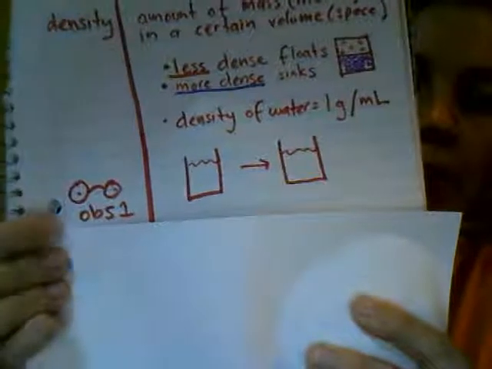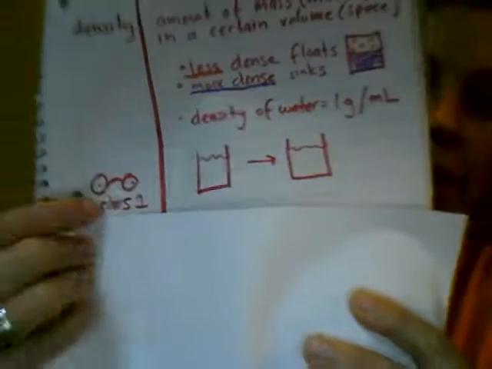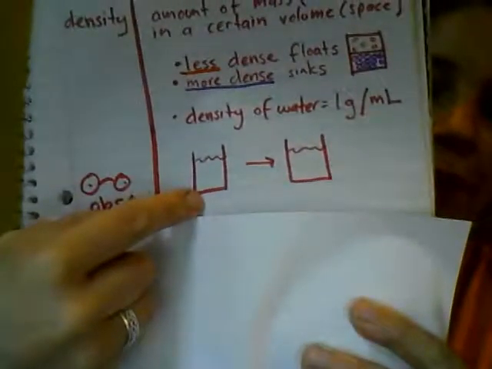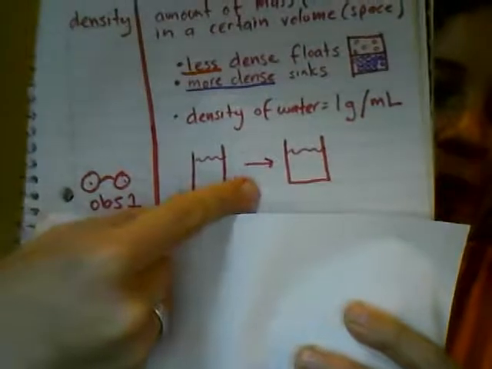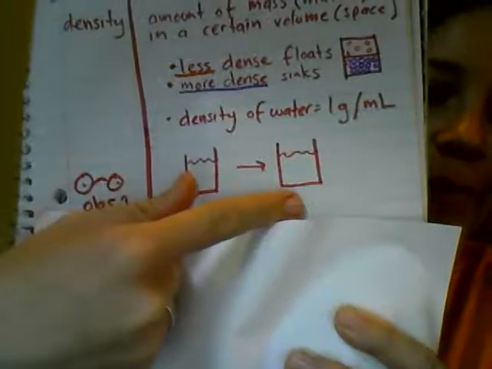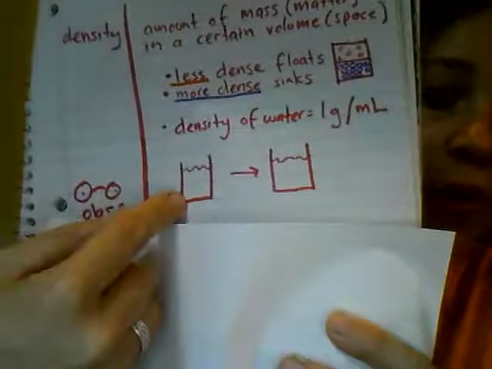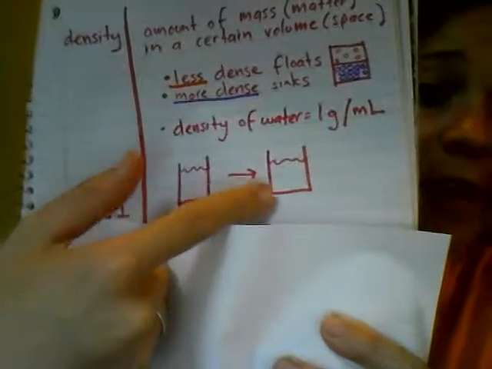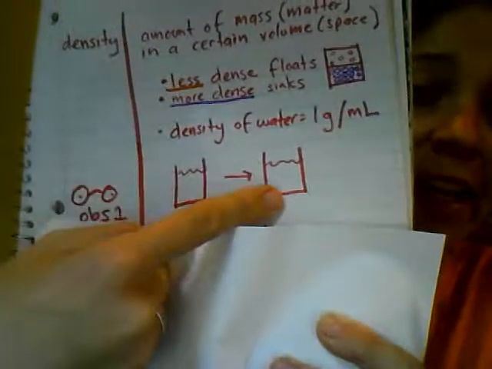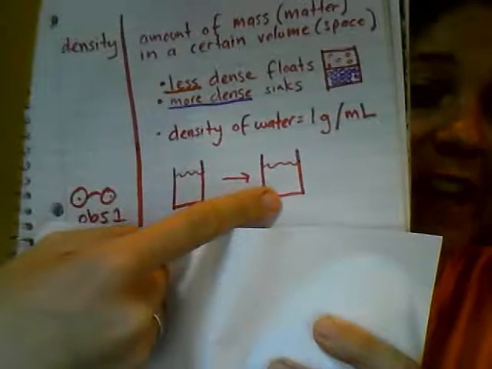Let's take a look at our observation. What I want you guys to write is OBS 1. You're going to draw a cup of water before and then a cup of water after. In this picture, when I drop the egg in, I want you to draw what the egg did.